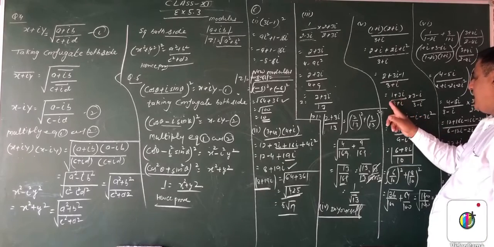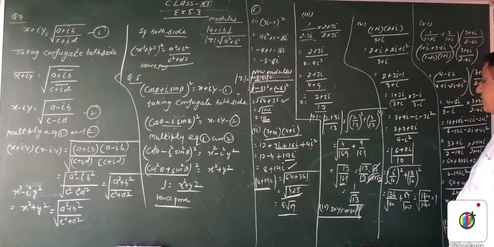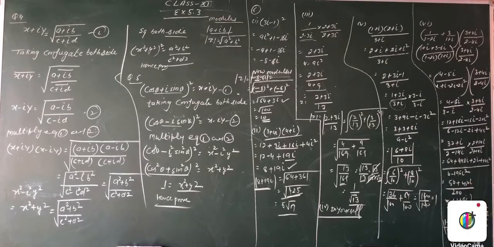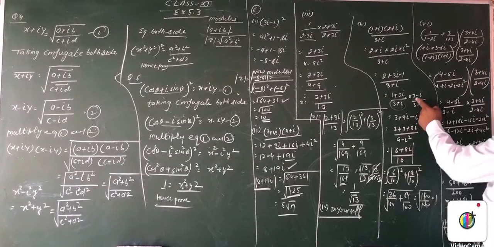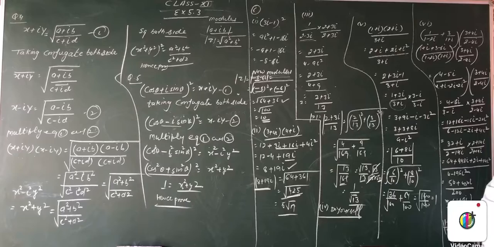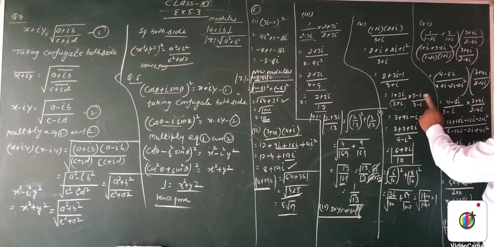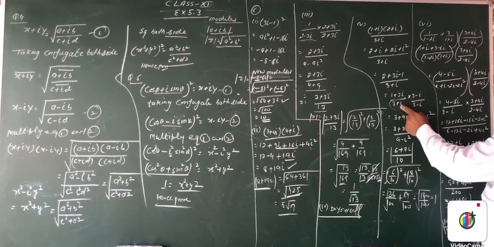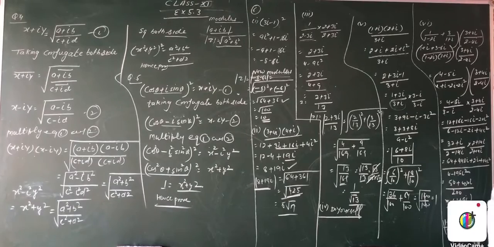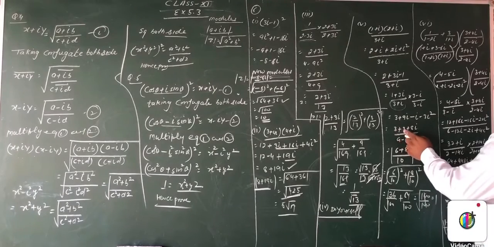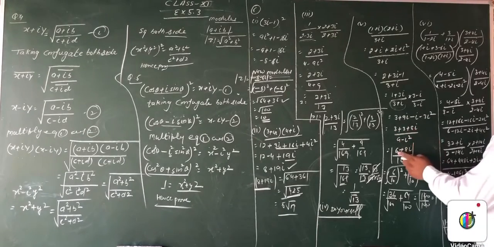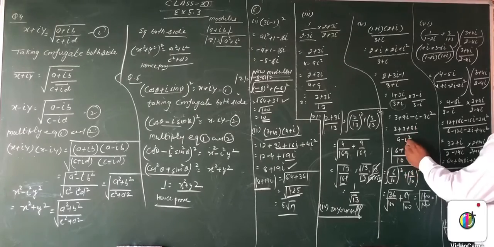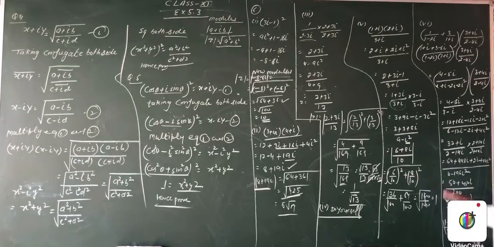Now here we have 3 plus iota in the denominator, so we rationalize this term. So this becomes 3 minus iota by 3 minus iota. Now we multiply, and this is your identity a plus b into a minus b. Now we solve this, we get 3 plus 8 iota, 6 plus 8 iota, and the value of iota square is minus 1.